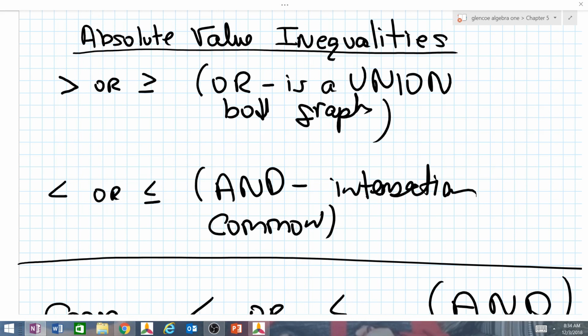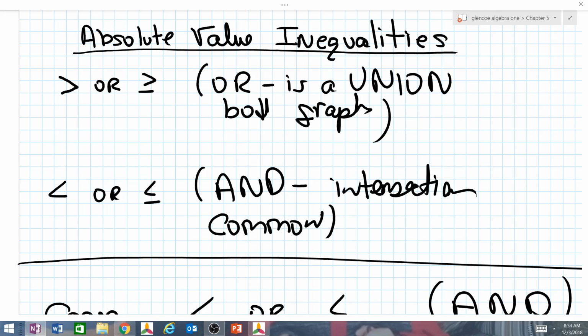So what I'm going to show you here in a few minutes is that all absolute value inequalities have two cases, case 1 and case 2. I'm also going to give you something that is not in your notes, which is absolute value equations.